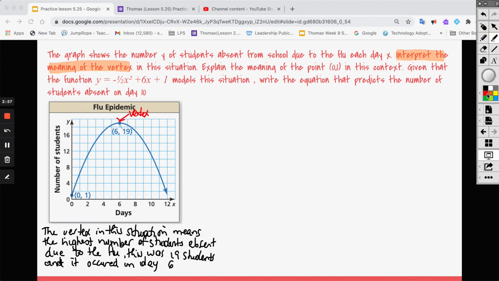Second thing that we are being asked to do is to explain the meaning of the point (0, 1) in this context. So when we think about this, if you look at what's going on, X represents the number of days since the flu epidemic, and the Y represents the number of students.